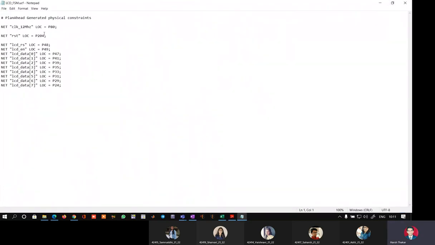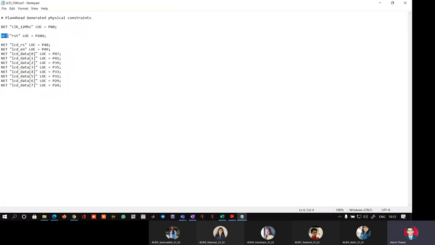Okay, so we are seeing here, this is pin locking. This is the syntax for pin locking: the keyword net, space, in double quotes the signal name, LOC stands for location, equal to P80. That means there is an input signal in my entity declaration with the name clock underscore 12 megahertz and it is locked to pin number 80. Why? Because the 12 megahertz clock source is connected to pin number 80 of FPGA.